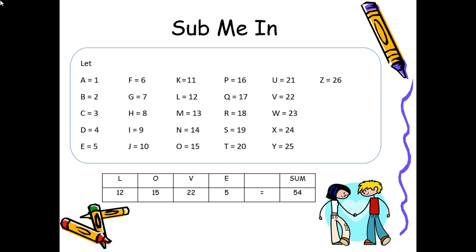For example, the teacher gave the word love. You look for the number of L, which is 12, O is 15, V is 22, then E is 5. Then after you know the corresponding numbers, you add them and that will be the sum of the word.